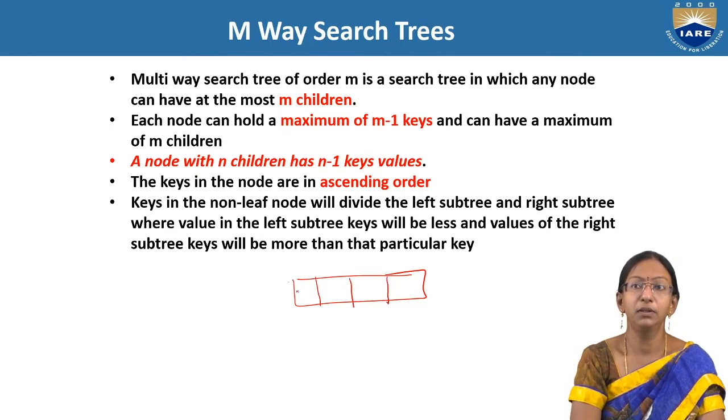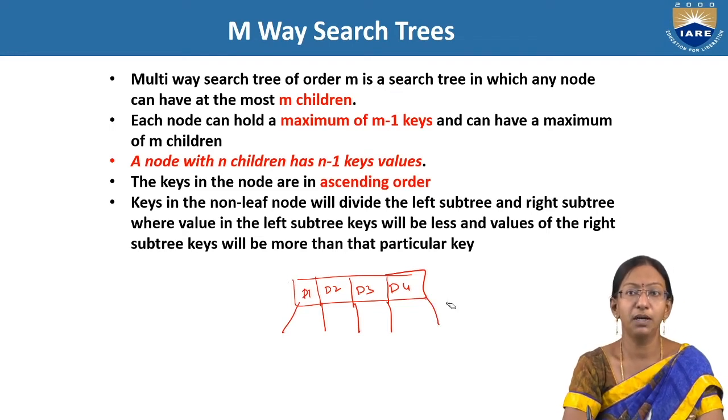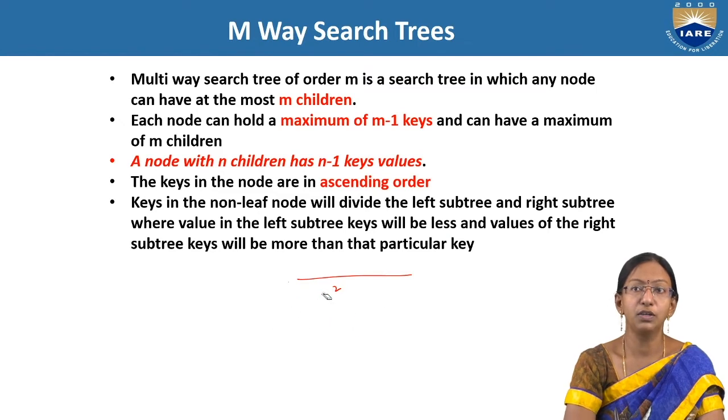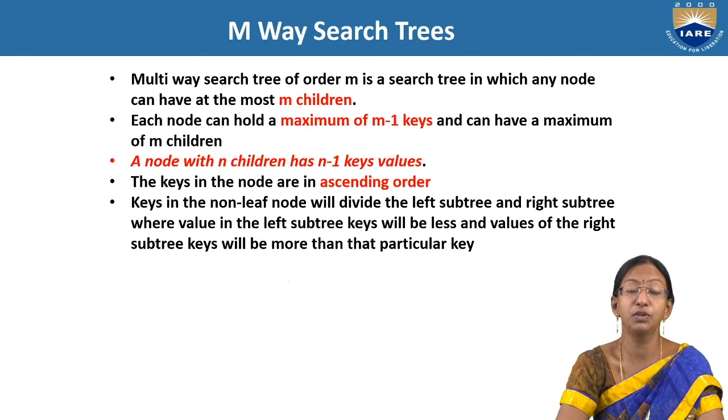For example, if these are the data parts D1, D2, D3 and D4, it can have a maximum of 1, 2, 3, 4 and 5 children. 4 data parts, 5 children. The order of the tree depends upon the number of children it can have. The node which we have just seen is of order 5.